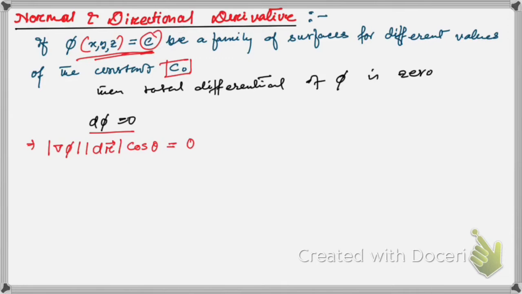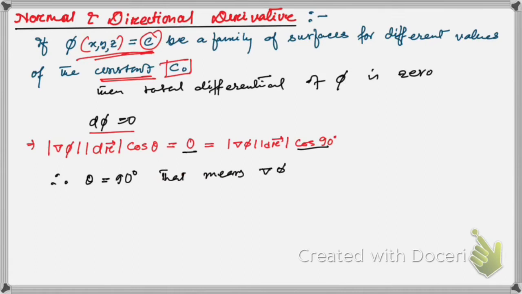Now this 0 on the right hand side can be written as magnitude of grad phi into magnitude of dr vector cos 90, because cos 90 is 0, right? So comparing left hand and right hand side, we get theta is equal to 90. That means you can consider that these two vectors are perpendicular, right?